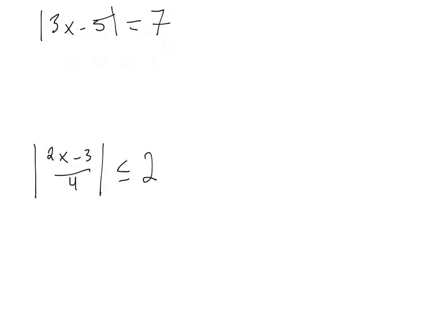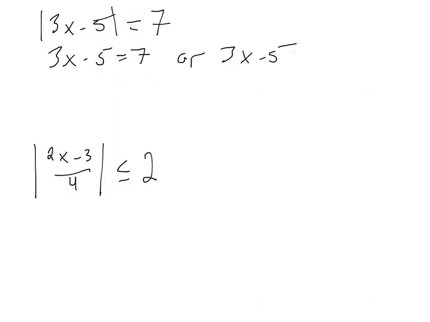All right? Want to go ahead and solve both of those for me right now using the same strategy, except the only difference is you have stuff on the inside of the absolute value sign, but the same strategy still holds. All right, so the first thing we're going to do with the first one, absolute value of 3x minus 5 equals 7, is break it apart into two separate statements. We're going to say, well, that means 3x minus 5, whatever that is, has to either be equal to 7 or it has to be equal to negative 7.